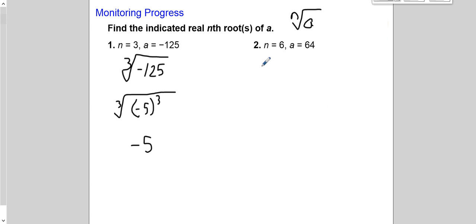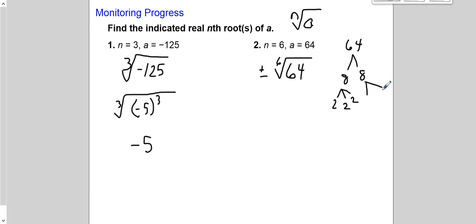All right, so we're going to do a plus and minus 6th root of 64. All right, what is 64 in prime numbers? 2 times 2 times 2 is 8. I could do 4 and 2, and then 2 and 2. Sometimes I like to take that shortcut and just go to 3 2s right away.